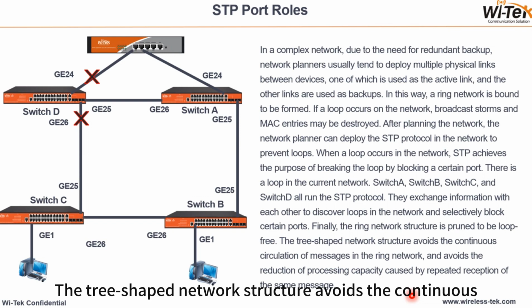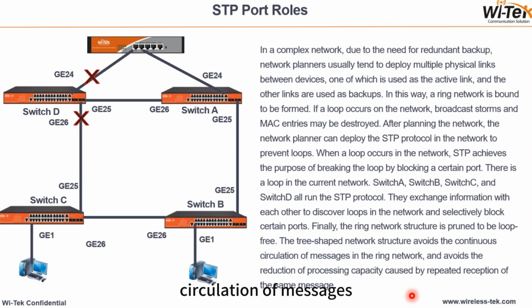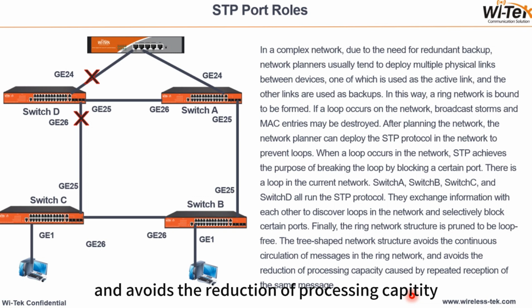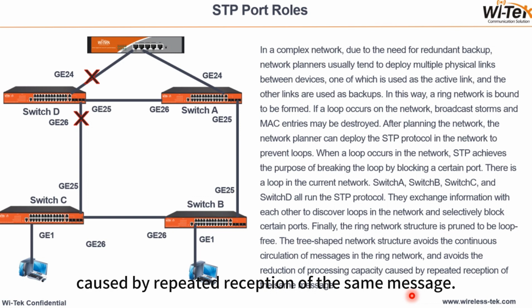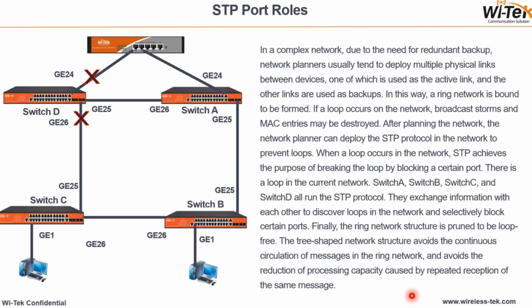The tree-shaped network structure avoids the continuous circulation of messages in the ring network and avoids the reduction of processing capacity caused by repeated reception of the same message.